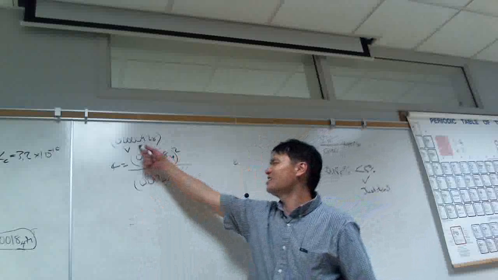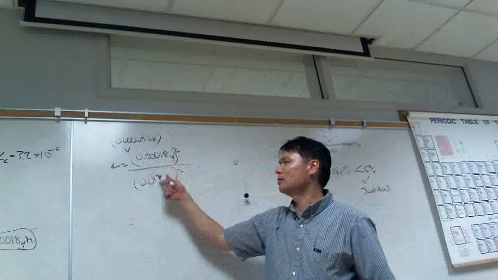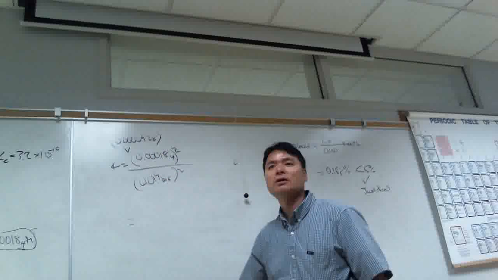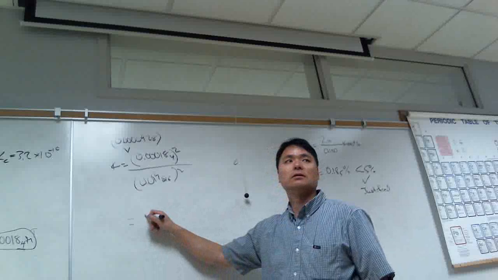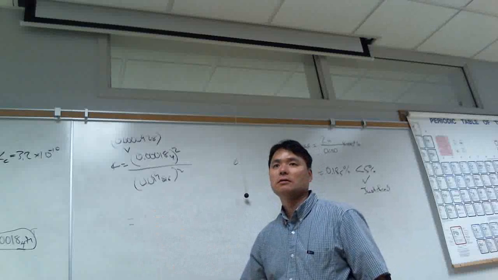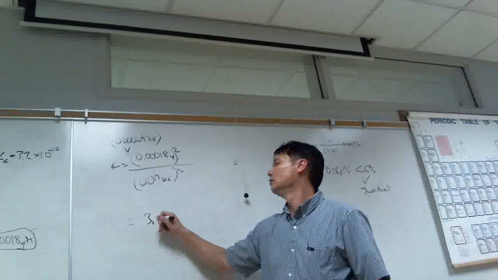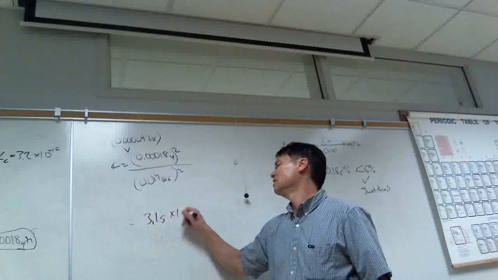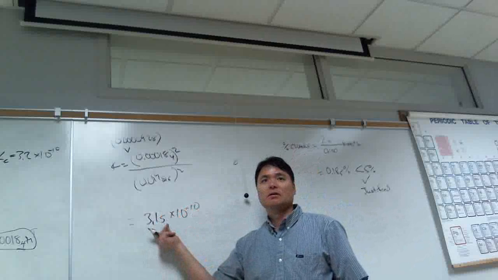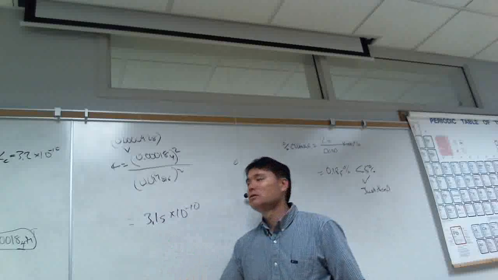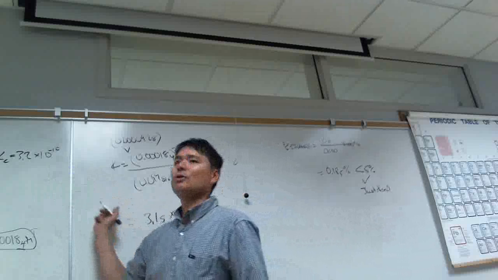So it's the lead concentration times the chromium concentration squared divided by the chromium concentration squared. What does it come out to? Times 10 to the negative 10, which this would round to 3.2. And so, is that pretty good?